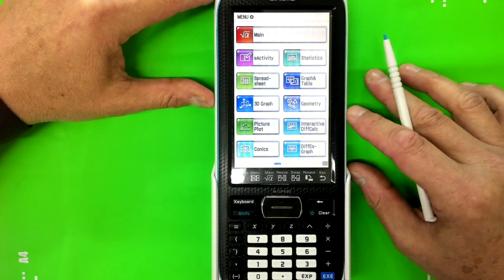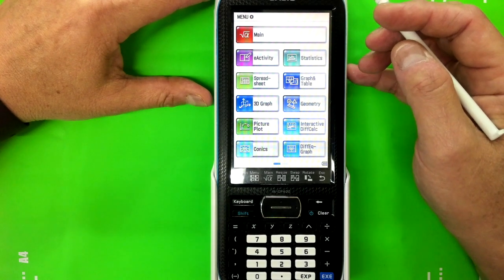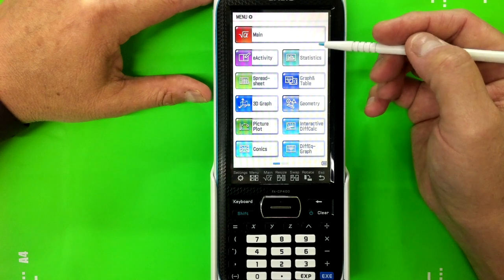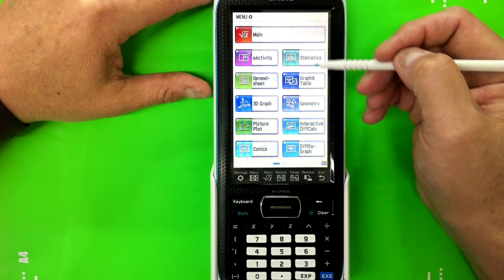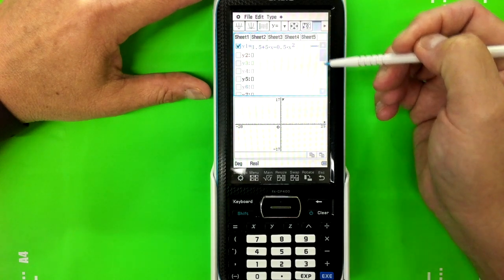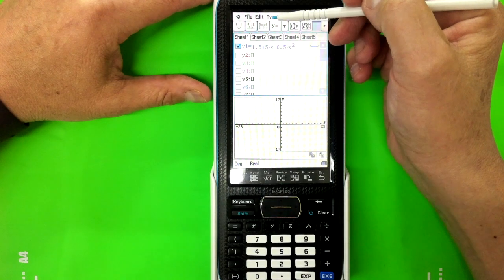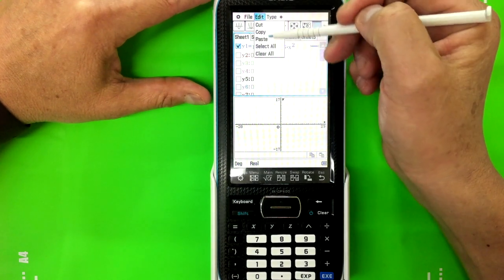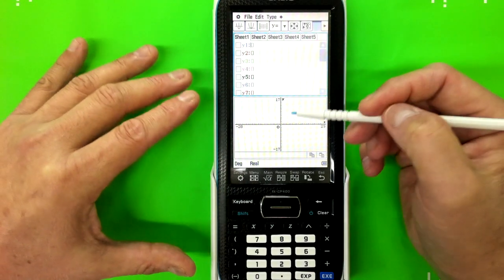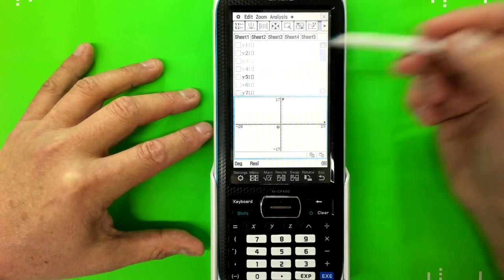Alright, let's have a look at this question, which is looking at determining the maximum area for the rectangular fenced area. We go to Graph and Table. This time, when we start with a new question, like I always say, you must always clear all. Make sure that you clear everything so that you can start fresh.